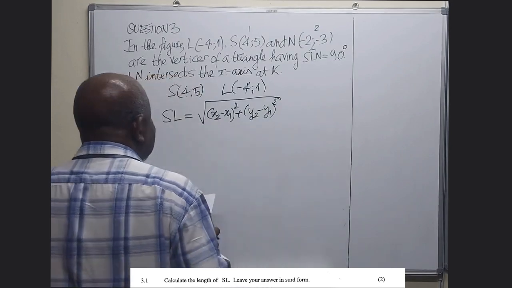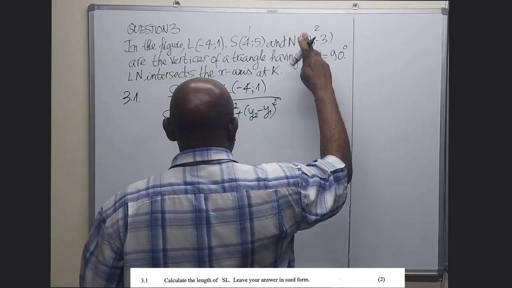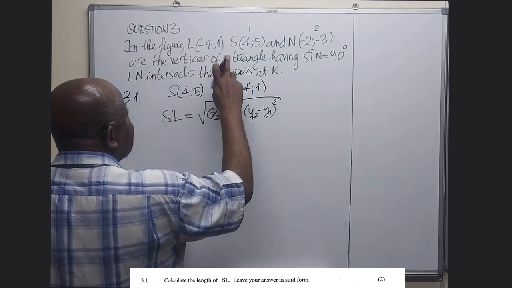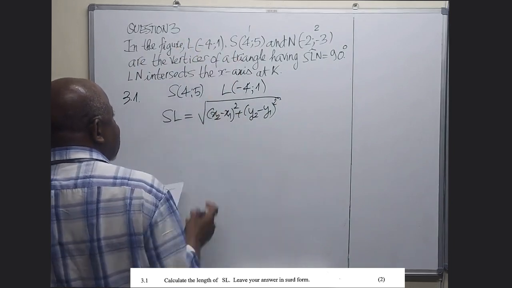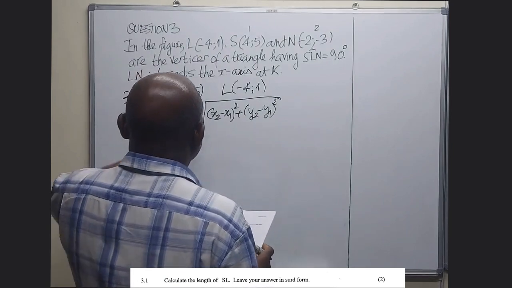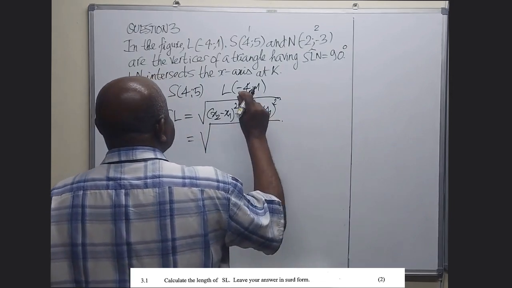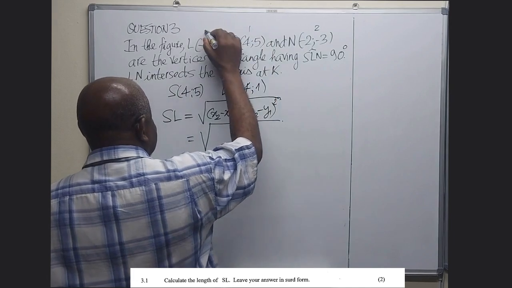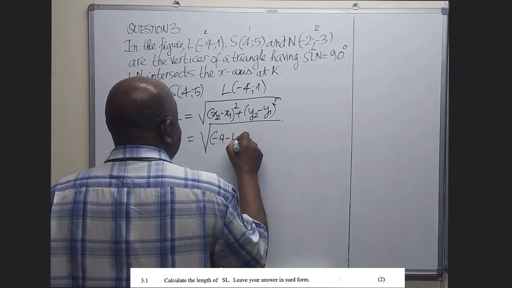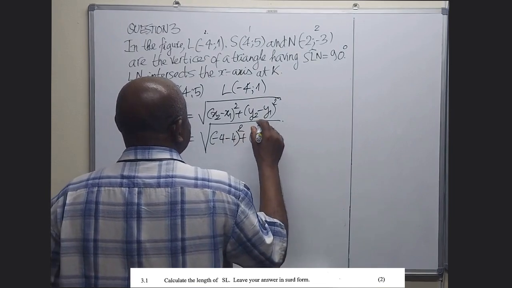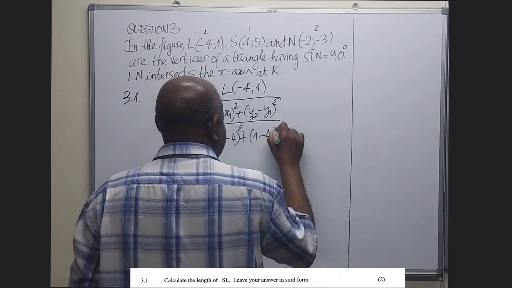So let's consider point S to be (x1, y1), and point L to be (x2, y2), because we want to calculate the distance SL. So x2 is minus 4 squared, plus y2 is 1 minus y1 is 4 squared.